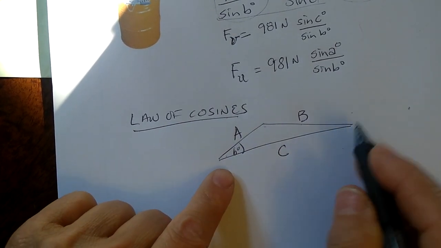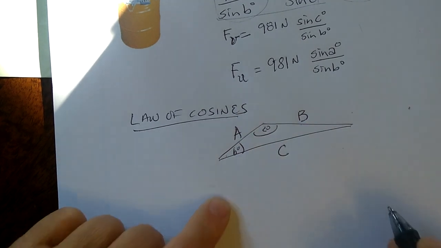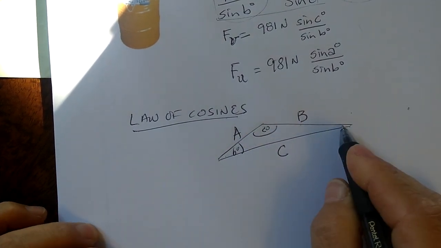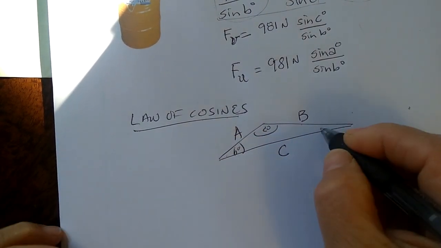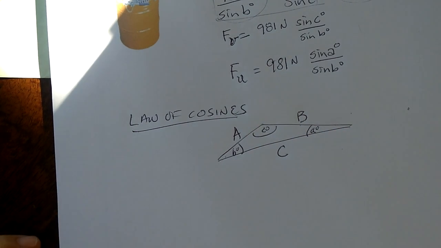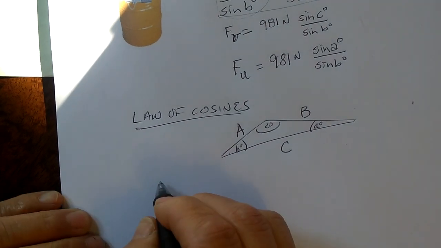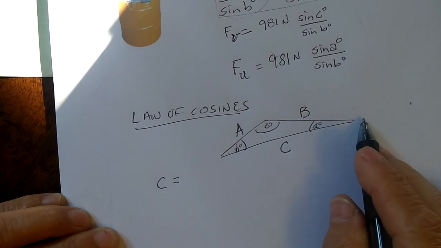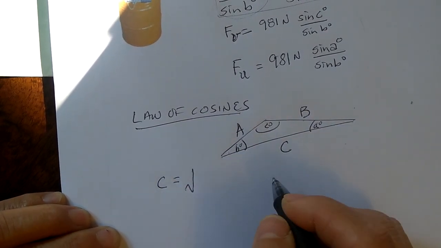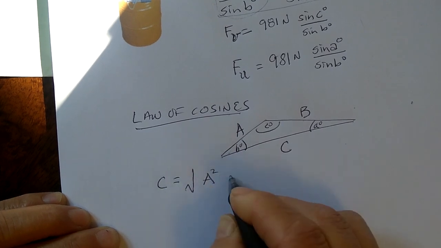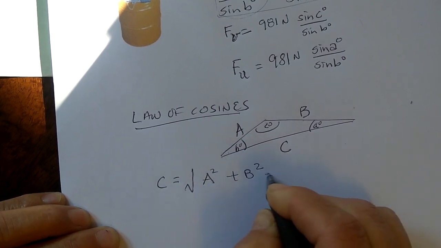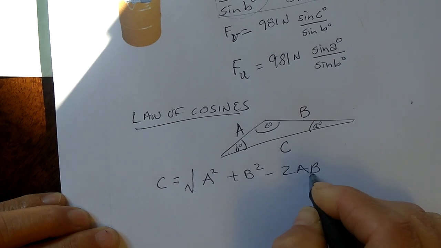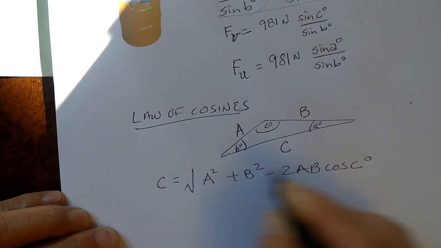Opposite of the side C, we'll call it the C angle. And opposite of side A, we'll call it the A angle. Then the formula for the law of cosines is simply the length of the side is equal to the square root of a squared plus b squared minus 2ab cos of c degrees.